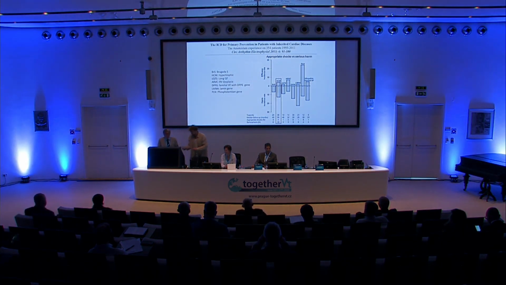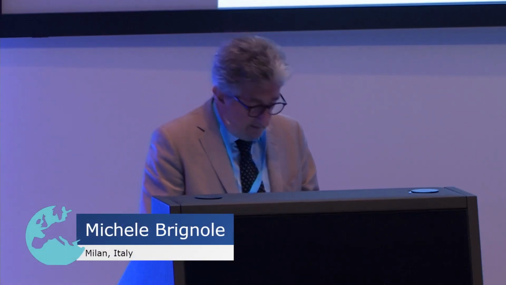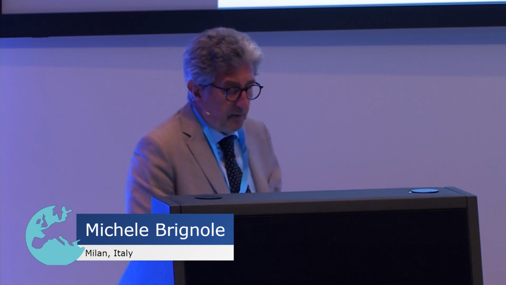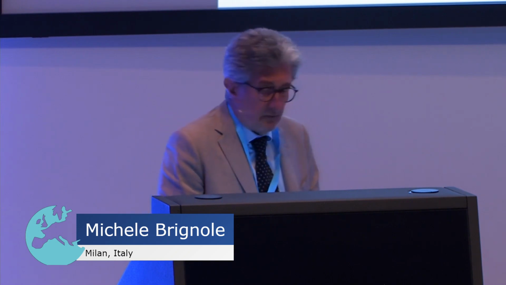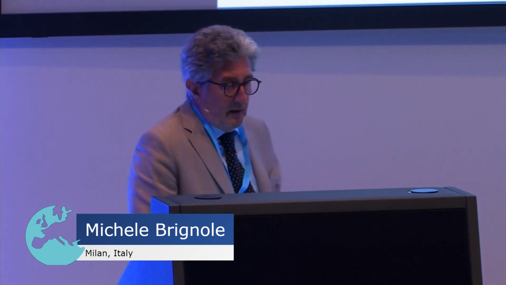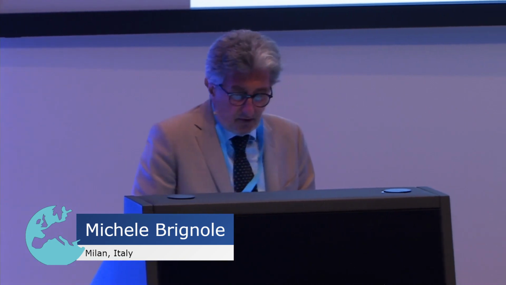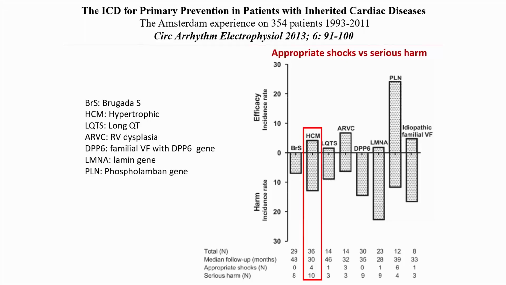The decision to implant an ICD in patients with inherited cardiac disease is probably one of the most challenging tasks for electrophysiologists, because inevitably many ICDs are implanted without need. The efficacy is low.